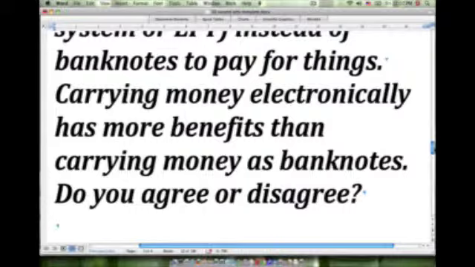Carrying money electronically has more benefits than carrying money as banknotes. Do you agree or disagree?